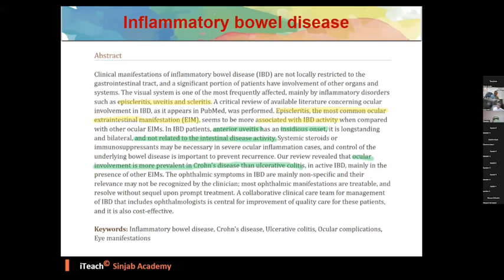In IBD patients, anterior uveitis has an insidious onset. It's long-standing and bilateral and not related to the intestinal disease activity. Ocular involvement is more prevalent in Crohn's disease than ulcerative colitis according to the review of literature.